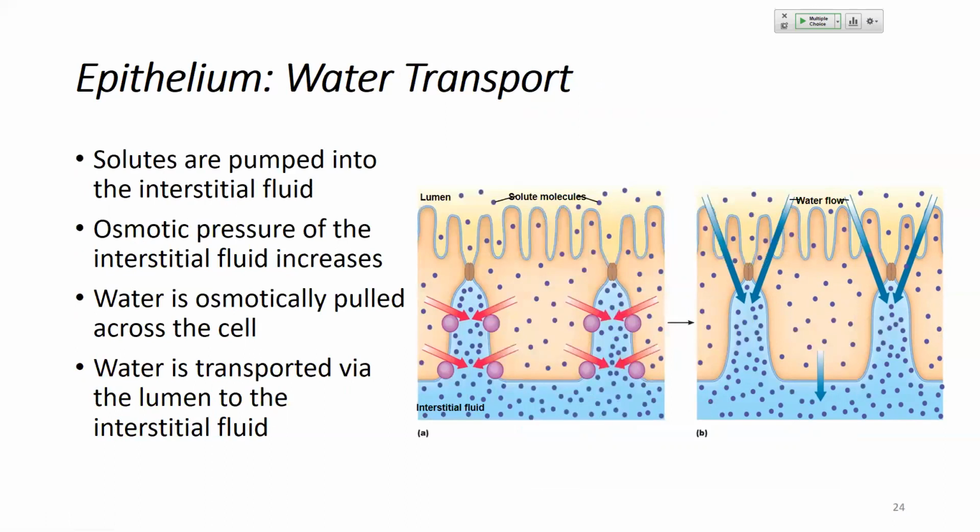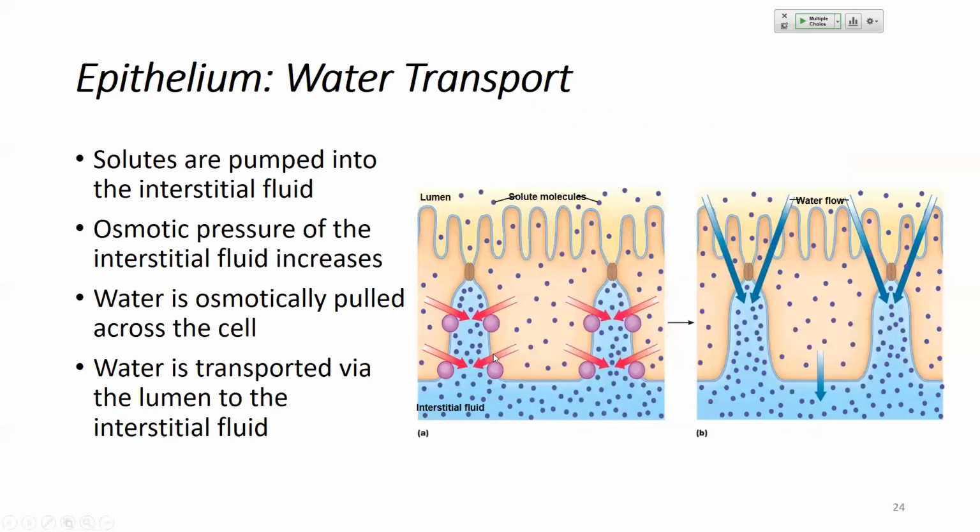All right, so we spoke about the movement of some ions across an epithelial cell, and now we're going to speak about water movement across epithelial cells. The way that water moves across these cells is very unique. The cell has to secrete certain solutes first. It's going to pump certain solutes out into the extracellular fluid.